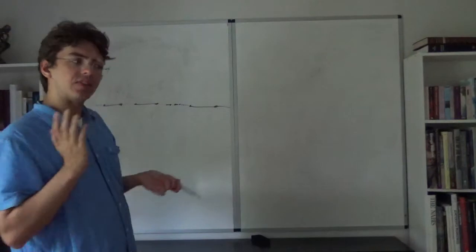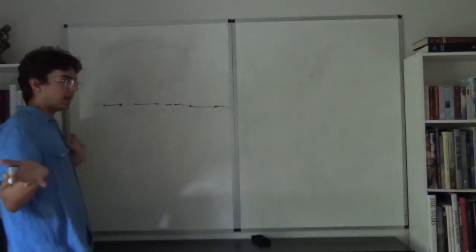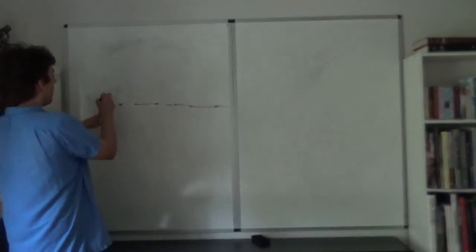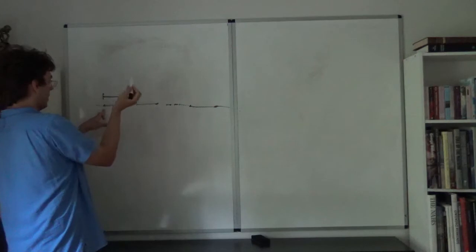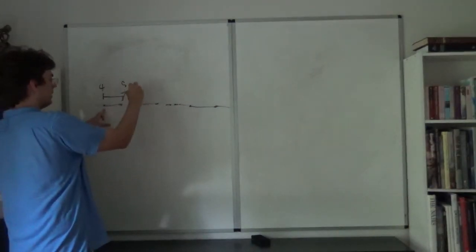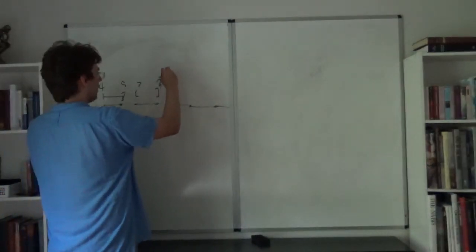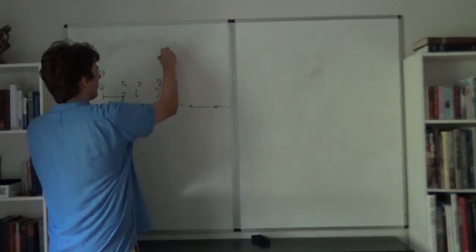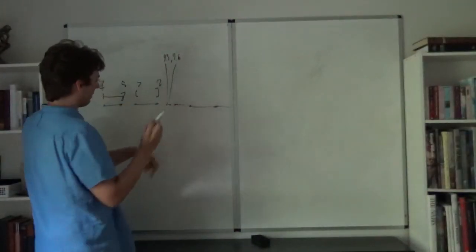Well, what's a familiar way of measuring length? You just say, okay, what's an interval that goes from here to here? Well, that could be something like 4 to 5, and this is 7 to 8, and this is 9.5 to 9.6 right here, and so on, okay?